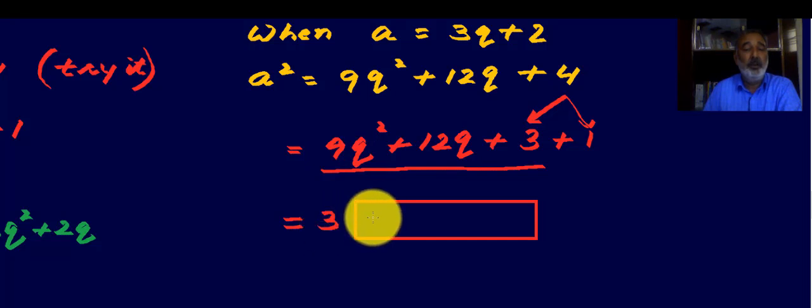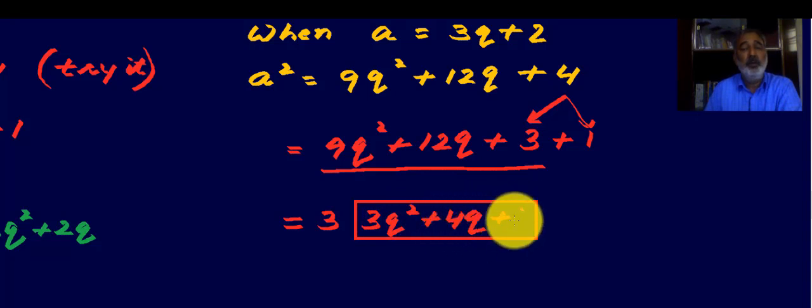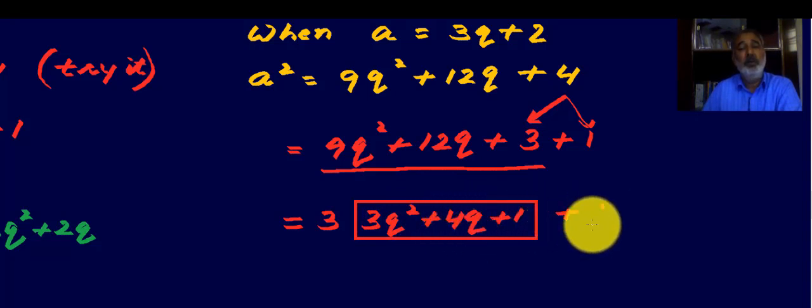Taking 3 as a common factor, 3q square plus 4q plus 1, and plus 1 again.